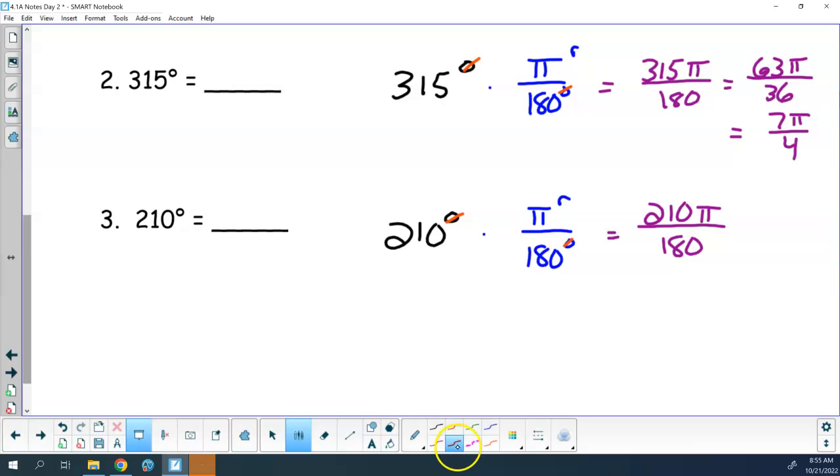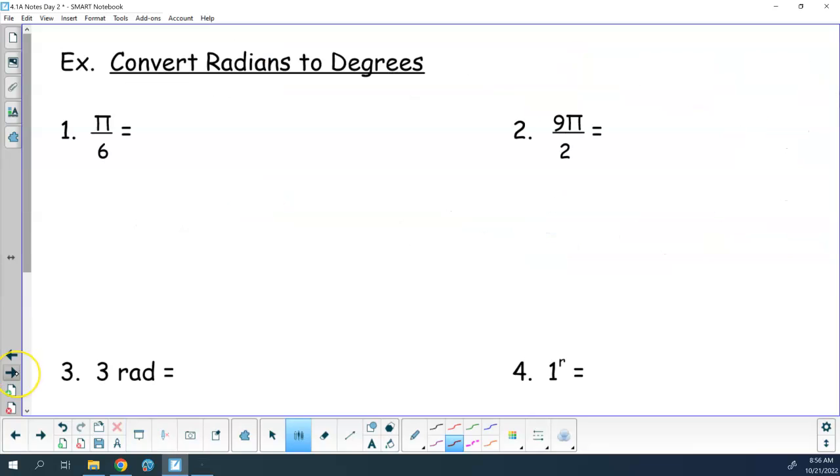Agree with 7 pi over 4. Okay. Divide both by 10. Actually, we can divide both here by 30. If I divide by 30, then I got 7 pi over 6. Yes? Okay. Good times.